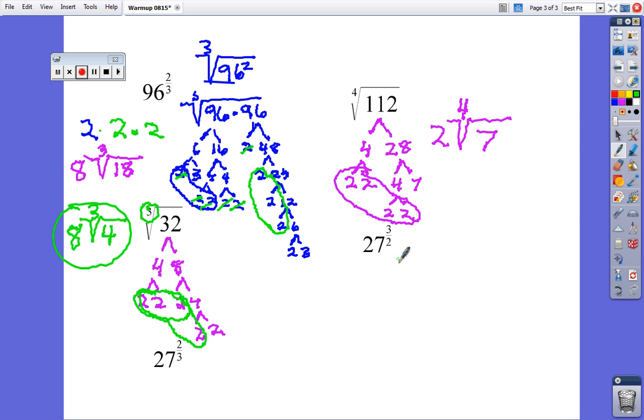Okay, 27 to the 3/2 power. If we rewrite this, we know we're looking for the square root of 27 cubed. So I can write 27 3 times. I can factor out and see if I've got any pairs of numbers. So we know that 27 is 3 times 9.